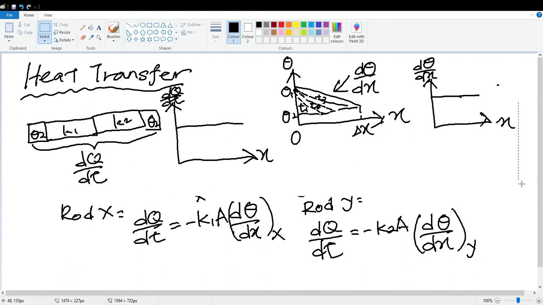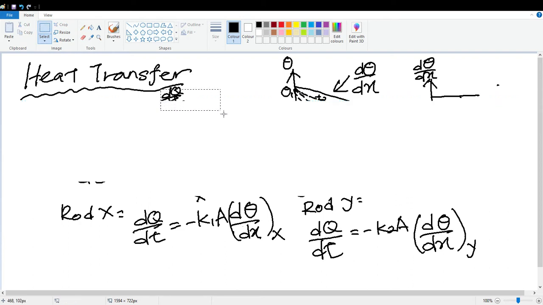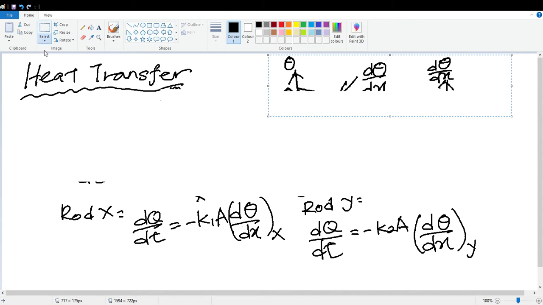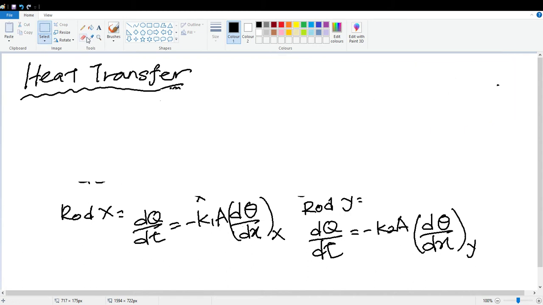So the point is, at steady state, the rate of heat flow for every point of the rods and the objects are actually equal. So this is what I aim for. Since the rate of heat flow is equal at steady states, this is equation 1 and this is equation 2.